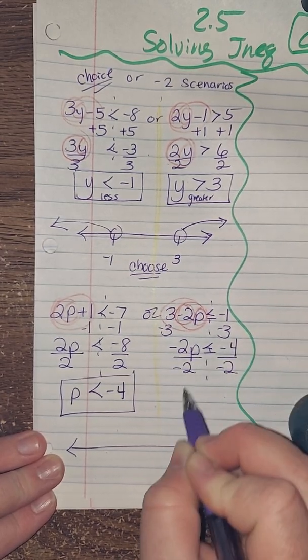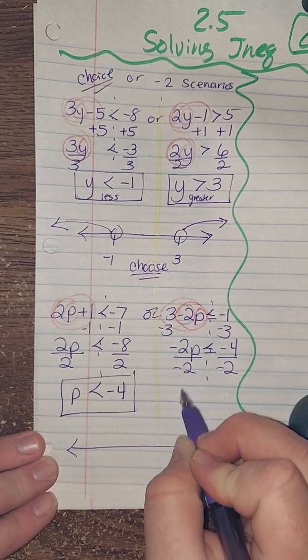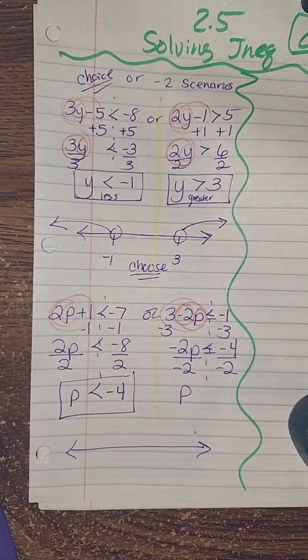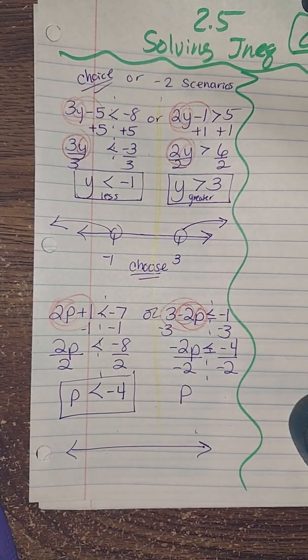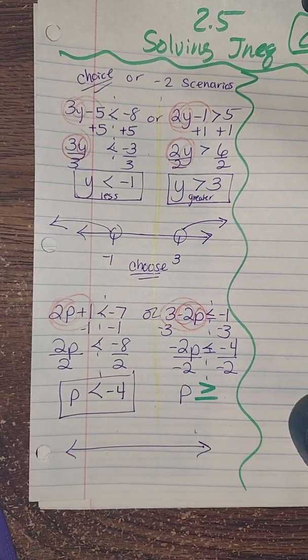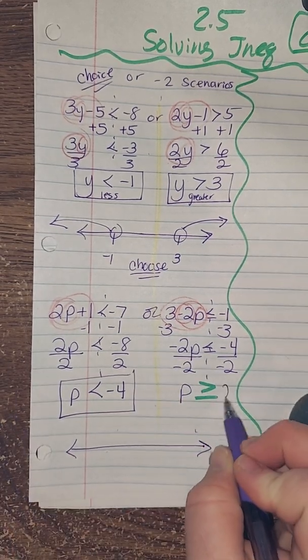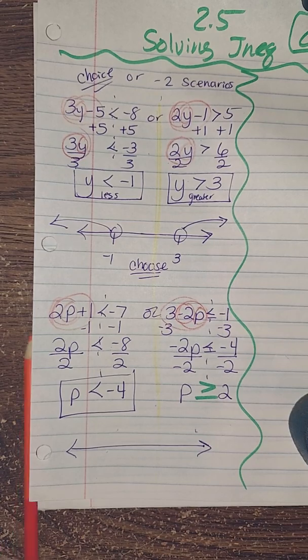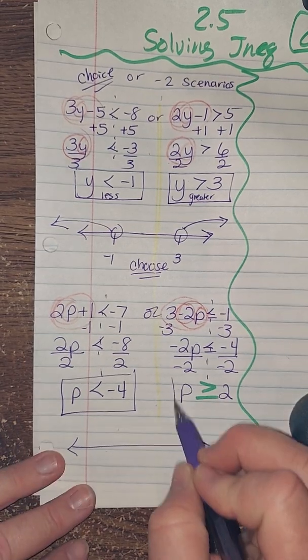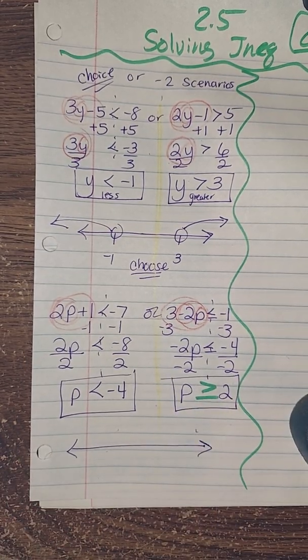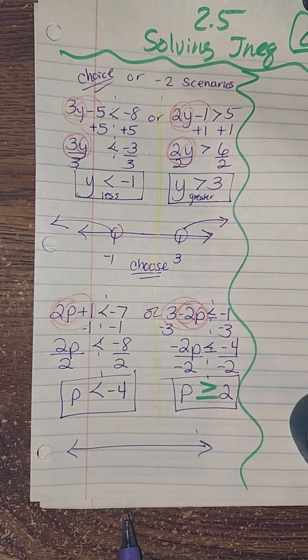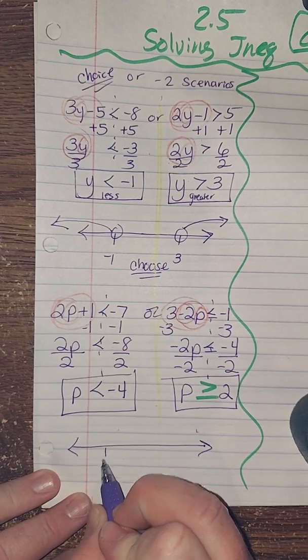Ooga, ooga. I'm dividing by a negative. Yikes. If I'm dividing by a negative, I've got to flip that sign. So I'm going to flip my sign. I know that sounds silly, and I make a lot of silly noises, but I think it will help you if you make a big deal about it.